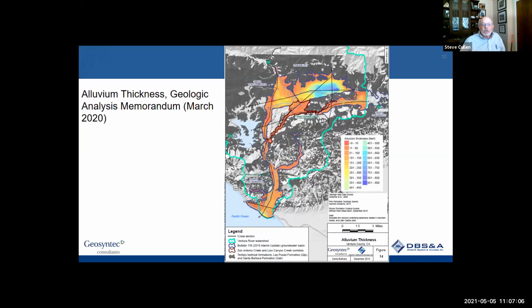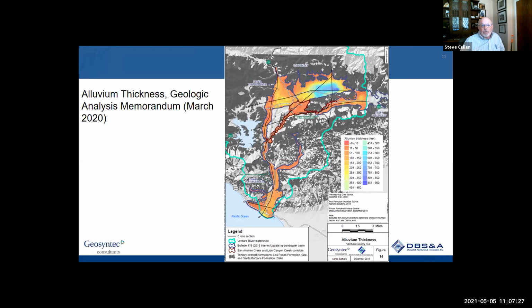This presents a map of the alluvial thickness. The bottom of the alluvium elevation was interpolated throughout the watershed using bedrock elevation data for each location from which lithologic data was present, using a combination of manual contouring based on professional judgment and geostatistical methods, for example, kriging.